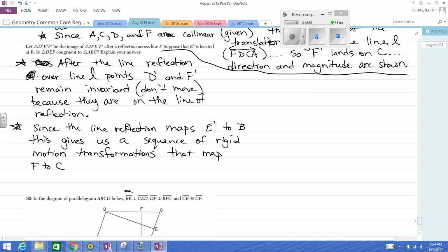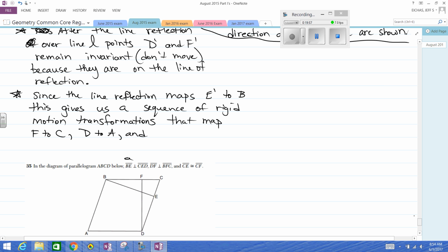D to A. And it looks like E to B, right? Yeah, E to B.